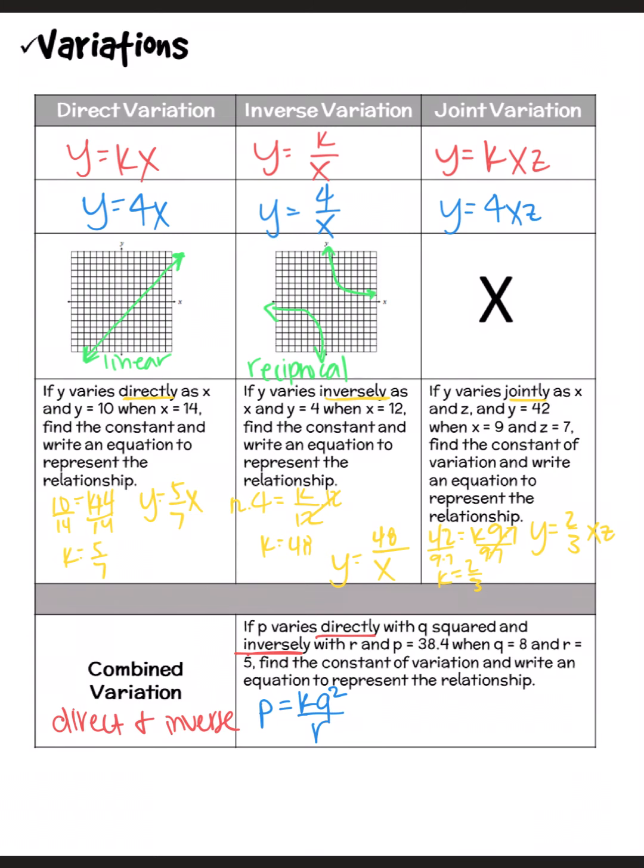Then you would just follow the same steps to plugging in. We've got p is 38.4 equals k times q of 8 equals r is 5. So when you do the math, k ends up equaling 3. So you would rewrite that as p equals 3q squared over r.